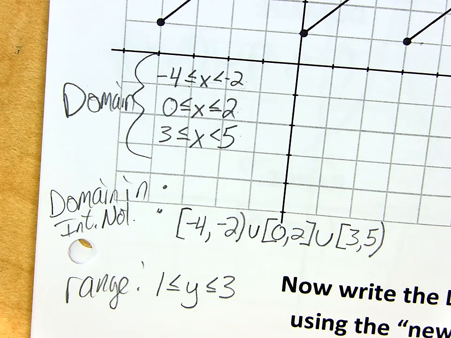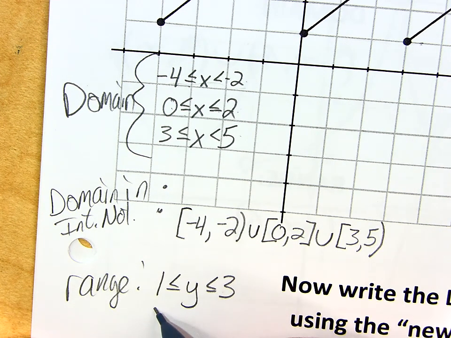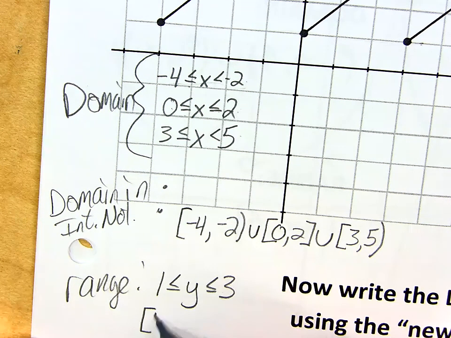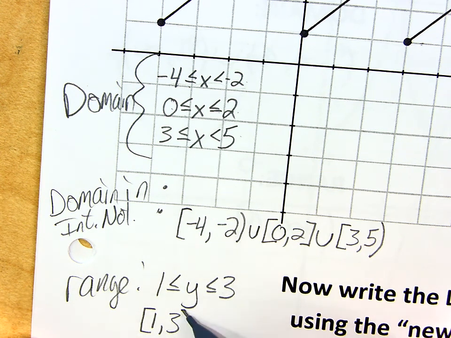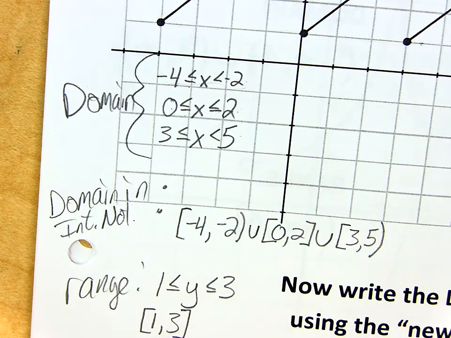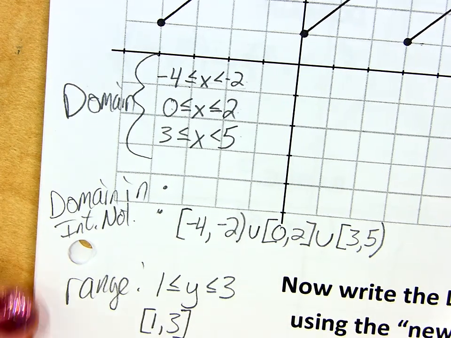And I do have values for 1 and 3, so they're closed, or with the bar underneath. So now, in the interval notation, square or round? Square. 1, comma, 3, square. For the end, square. That's it. So there's my range in interval notation.